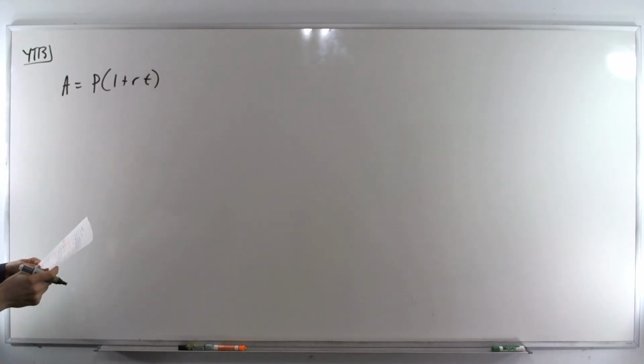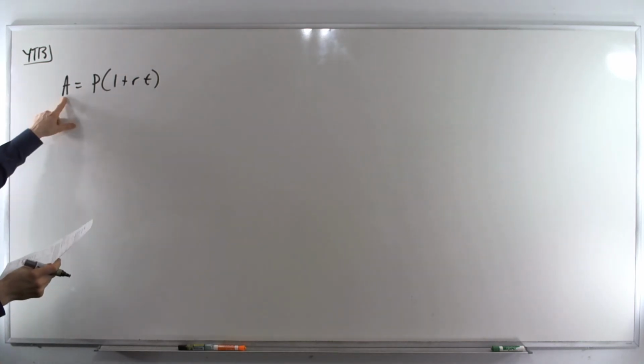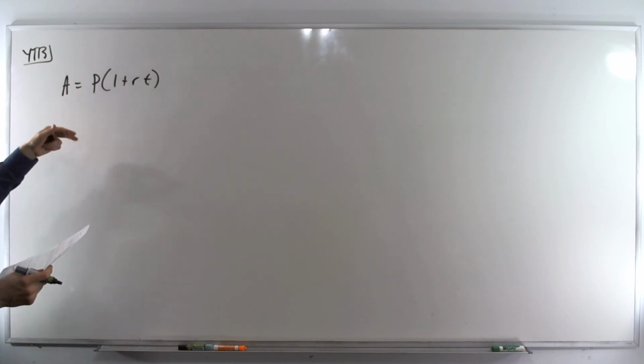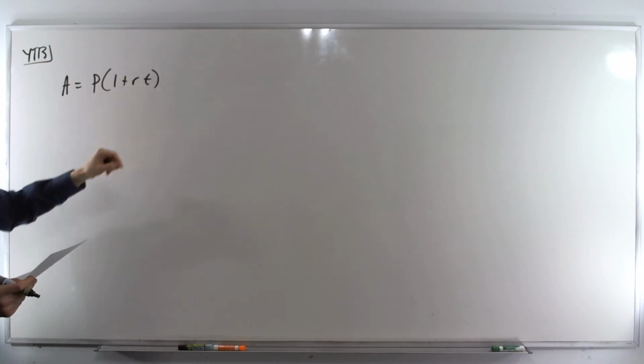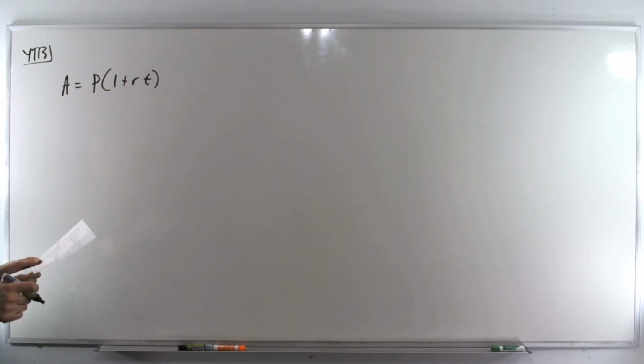So you've got the simple interest equation. A is the final amount of money in the account. P is the principal, that's the amount invested initially. R is the rate as a decimal, and T is the time in years. We're going to solve this equation for T, and then we'll figure out, if 10,000 is invested at 6% interest, the amount of time it takes for the account value to go to 12,000.